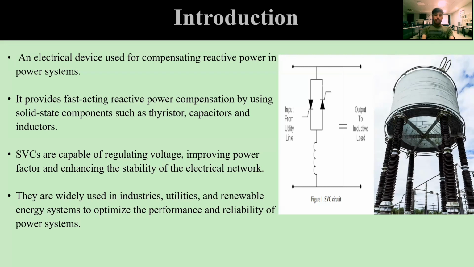They are widely used in industries, utilities, and renewable energy systems to optimize the performance and reliability of the power systems. Here you can see the basic electrical network diagram of a static VAR compensator.